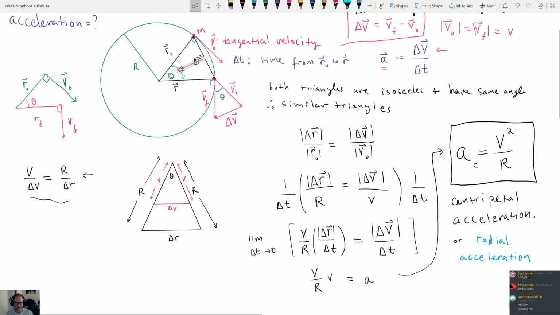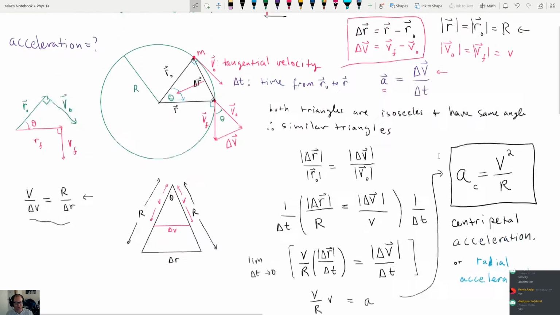Would you all agree with that? Okay. So that's why we say it's a radial acceleration, and the word centripetal means center seeking. So it points towards the center. That's what that word means.